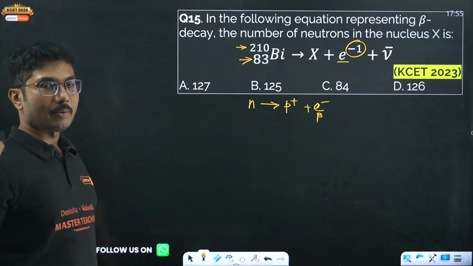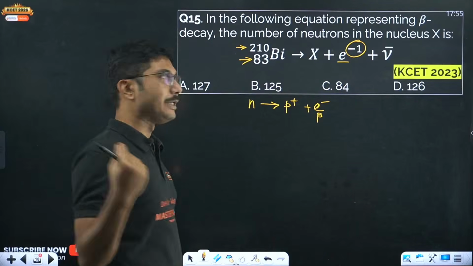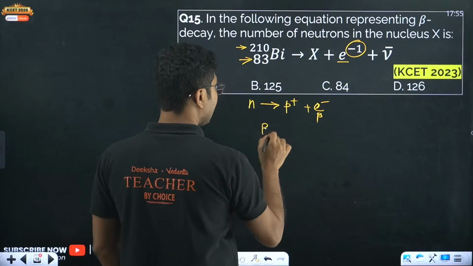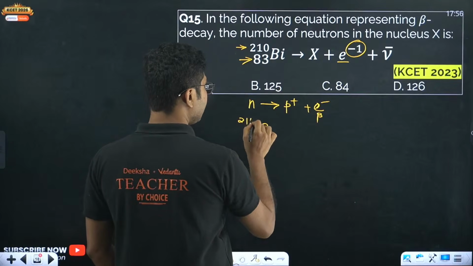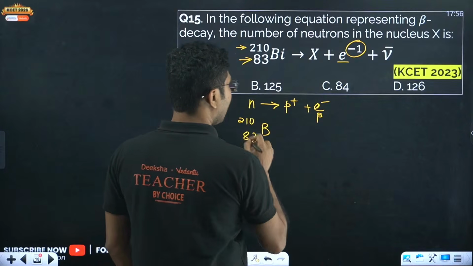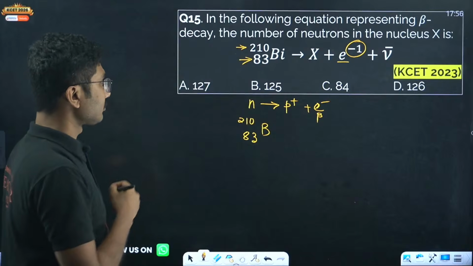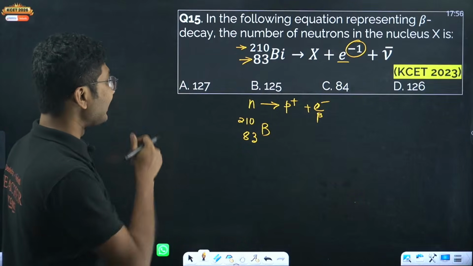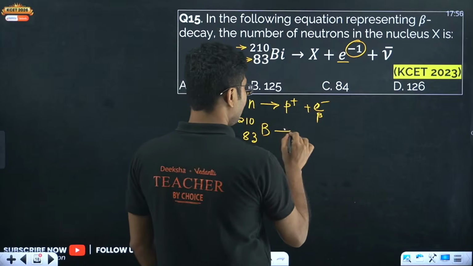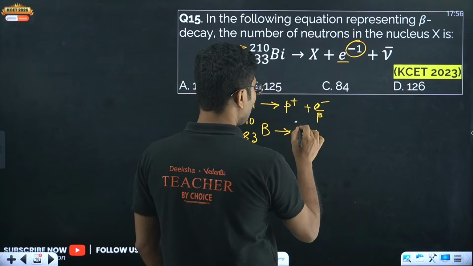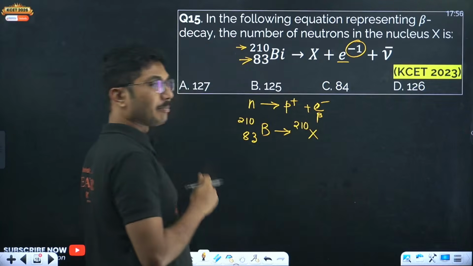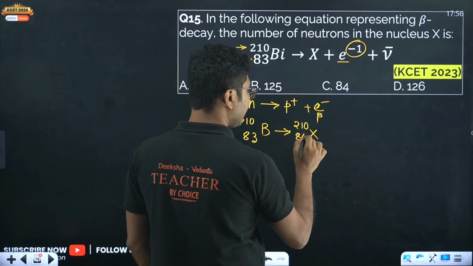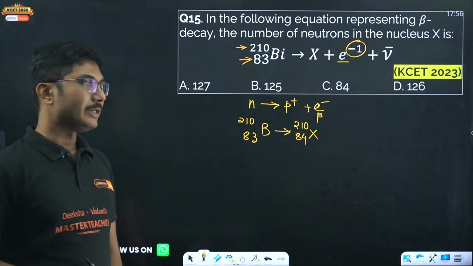So when bismuth 210, 83, undergoes beta decay, X will have 210, the same mass number, and the atomic number below will increase to 84.